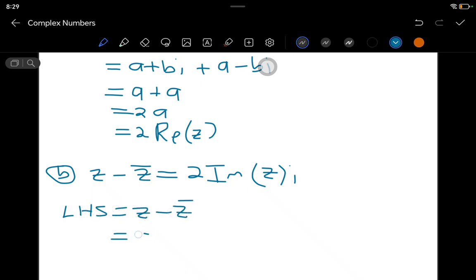And this is going to be A plus BI minus, inside here it's A minus BI.